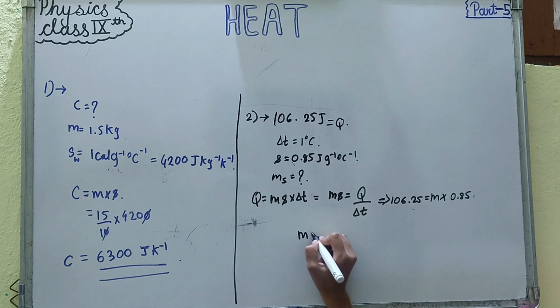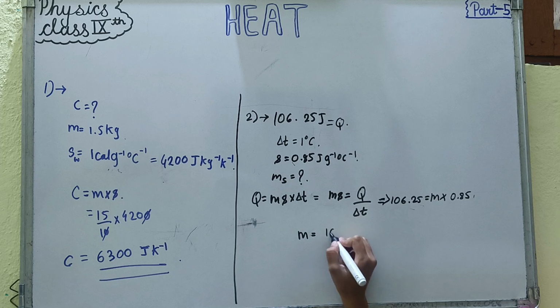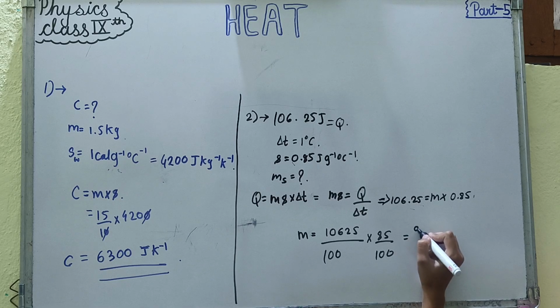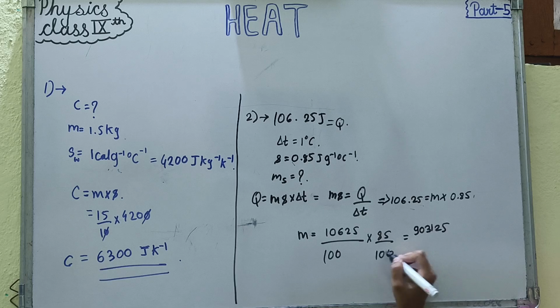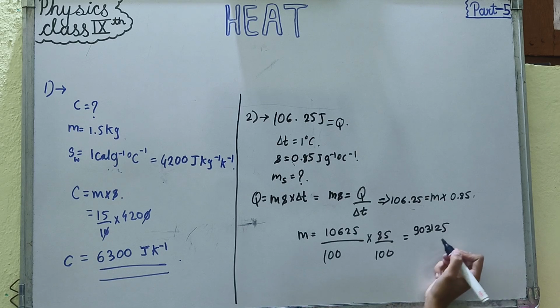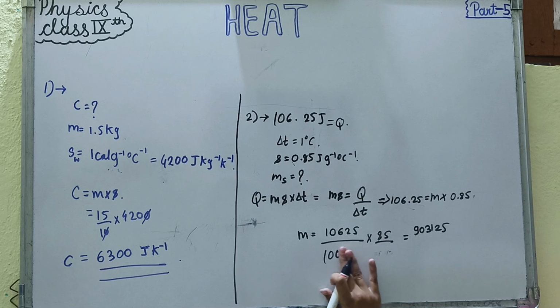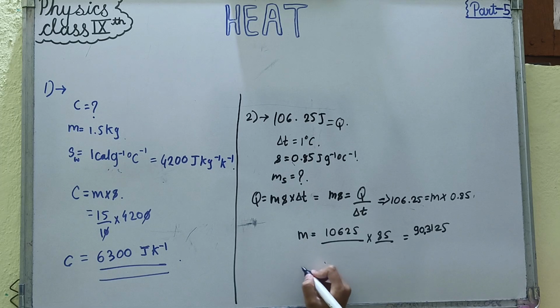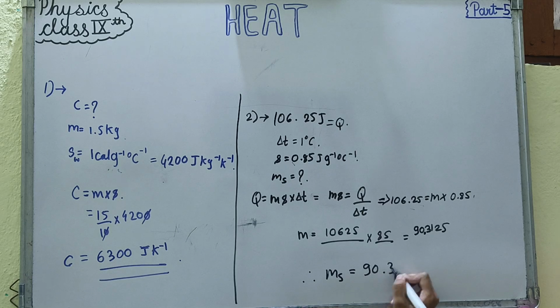Now to find m, it will be equal to 10625 upon 100 into 85 upon 100. After multiplying this, we'll get 903125, and let us remove this 0 and we'll put the point over here as we have learnt in decimals. So the mass of the solid will be 90.3125 gram.